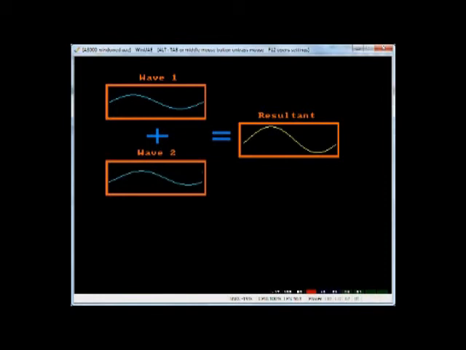If two waves exactly line up when they meet, they produce a wave that is the sum of the original waves. This is called constructive interference. But if two waves are exact opposites when they meet, the result is no disturbance at all. This is called destructive interference.